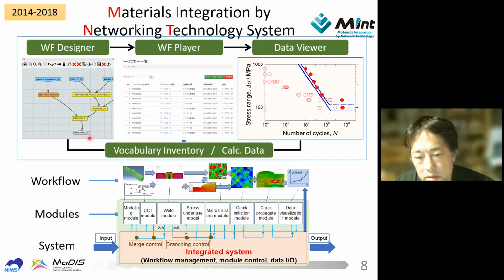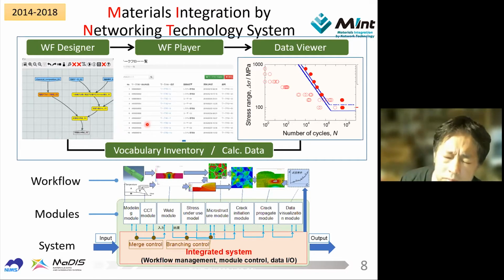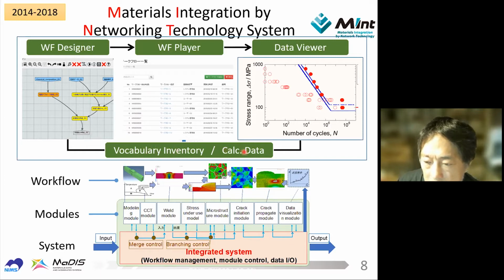Okay, so to manage this workflow, of course, the numerical input and output parameters are essential. However, we also need the background data as metadata. The vocabulary inventory system and the calculation data are stored in our system.